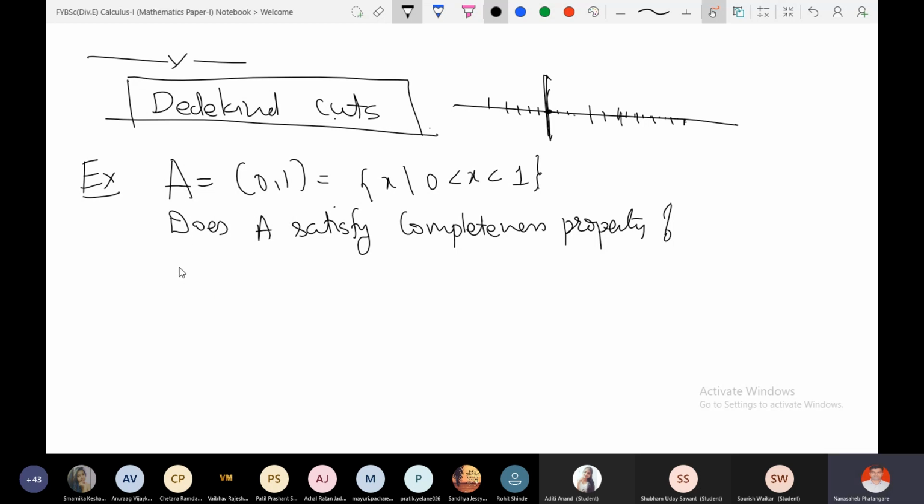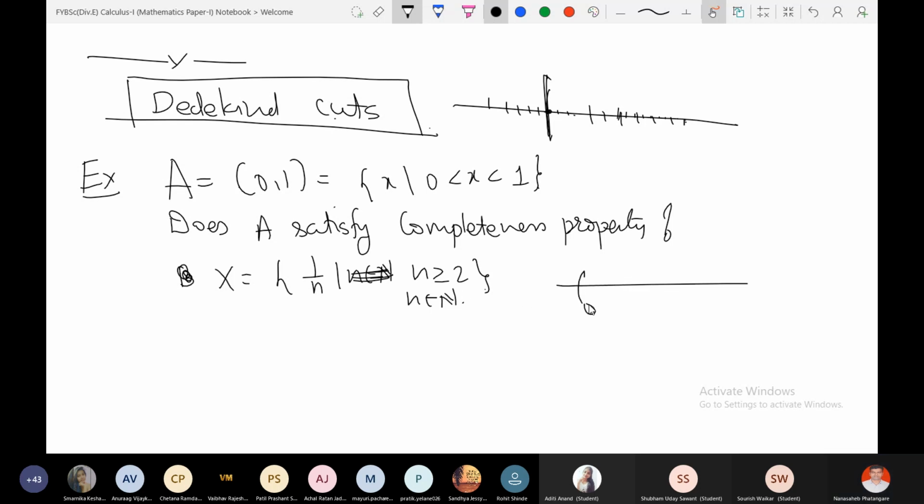So I will give you set B. I will give you the set x equal to 1 by n, where I choose n from the natural numbers. Now, do you understand where this set is? Is it a subset of A? Yes, sir.